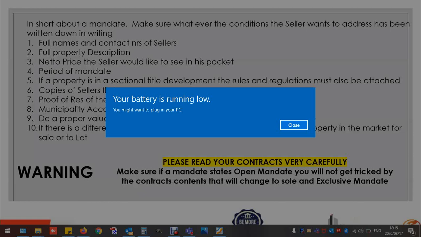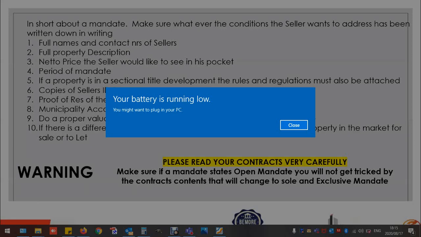Then I realized that the owner is staying on one property, and this is now the rental property that I'm selling. The address that was on the mandate was the owner's house address where they're staying, not the rental address that I want to sell.